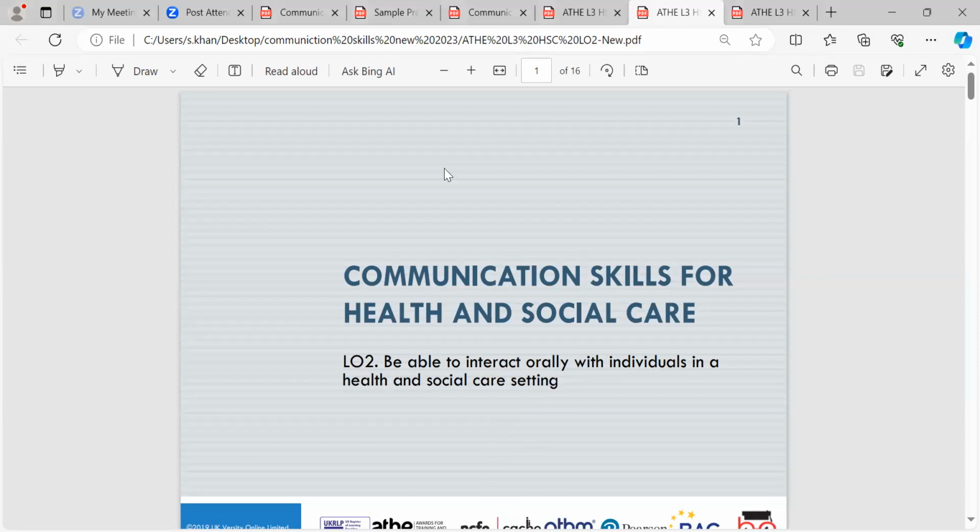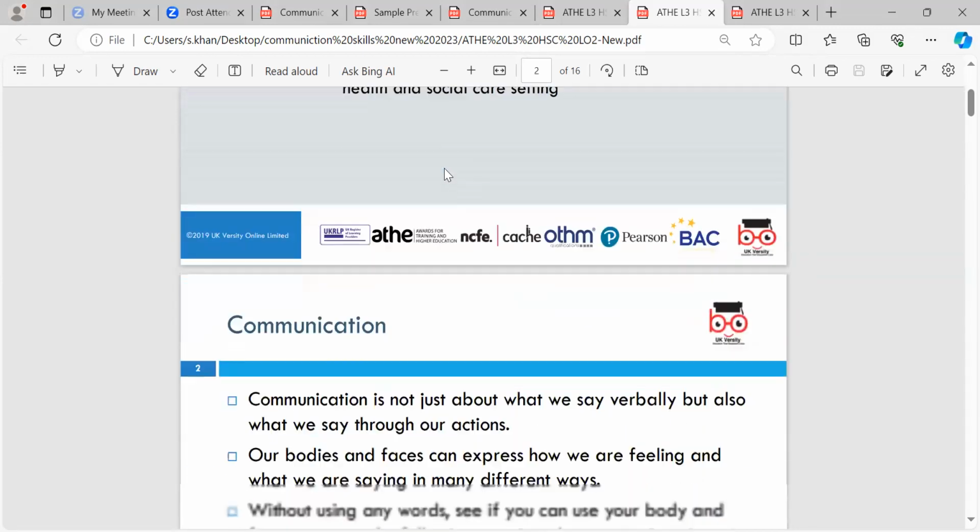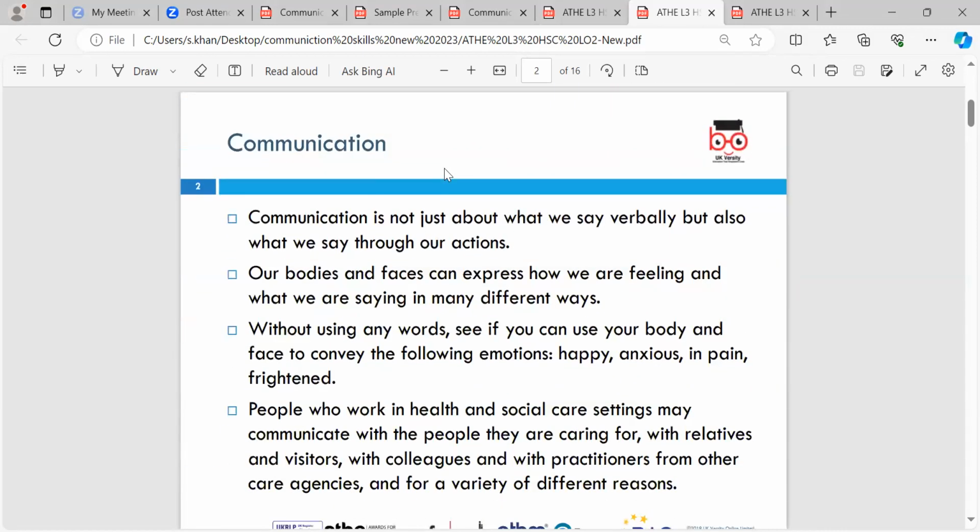So we've done learning outcome 1, and learning outcome 2 follows on from learning outcome 1, and it is looking at being able to interact orally with individuals in a health and social care setting. We looked at firstly what communication is and why it's so important, and that it's not just about what you say verbally, but also what you say through your actions.